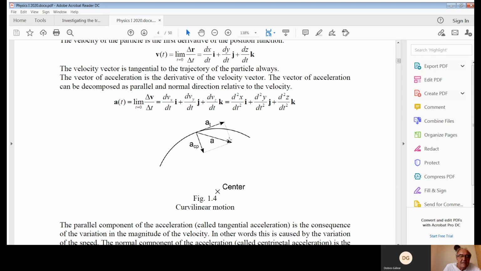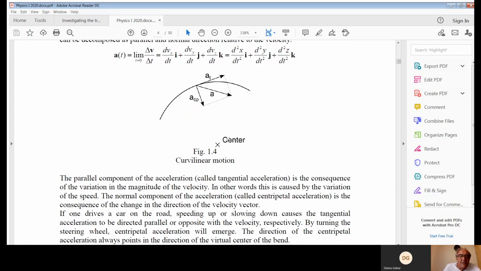The parallel component of acceleration is called the tangential, and it is the result of the variation of the velocity magnitude. So if we drive a car on that road, then we will have tangential acceleration if we push the gas or slam on the brake.